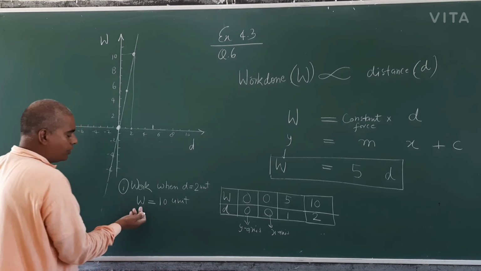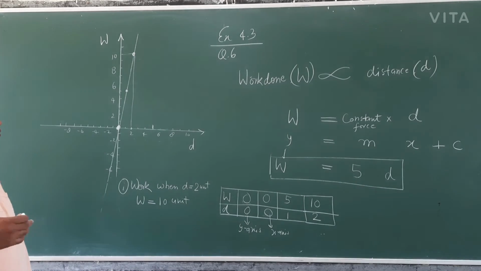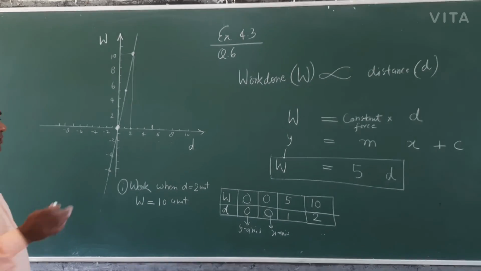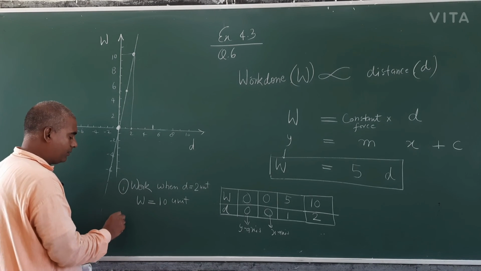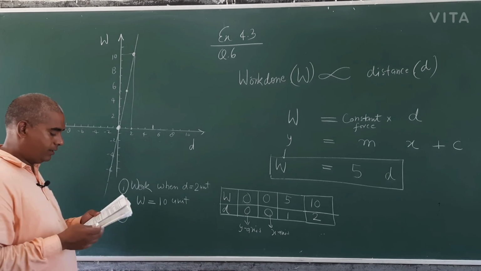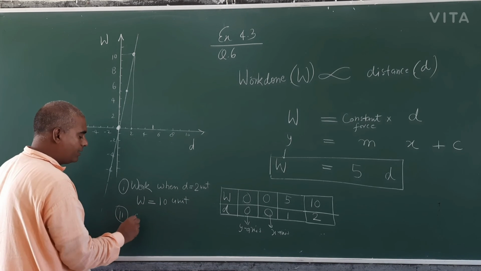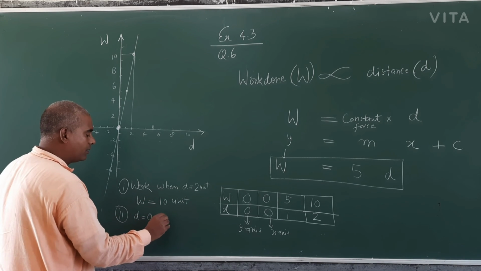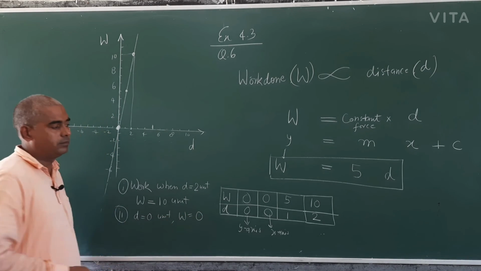Actually the unit of the work is joule. You will learn force into distance. You will talk about this whole in class 10th, 11th. And when distance is equal to 0, when d is equal to 0 unit, work done is equal to 0.